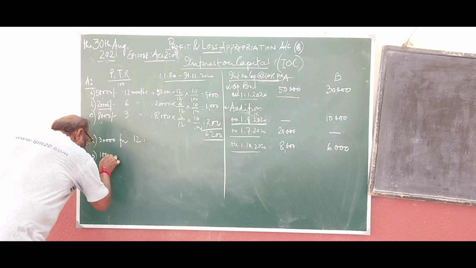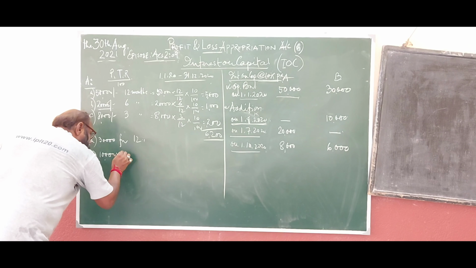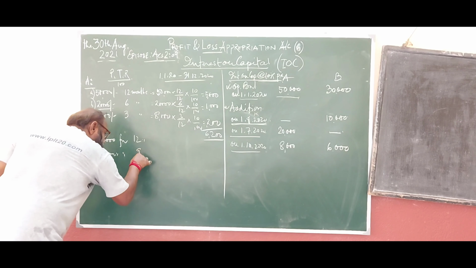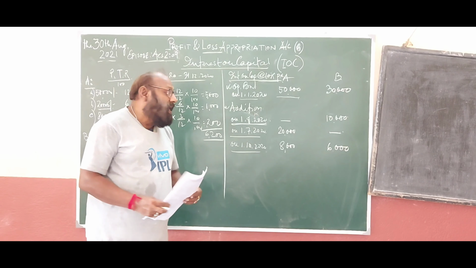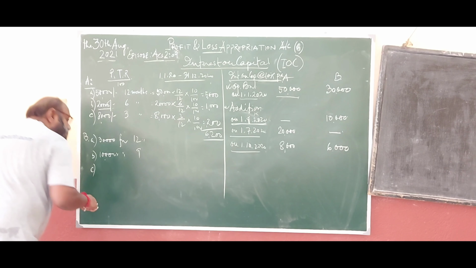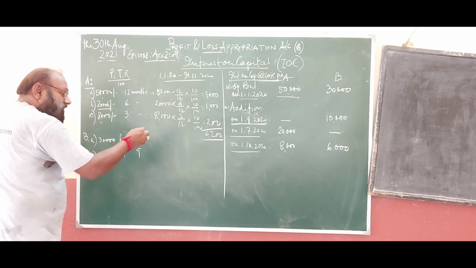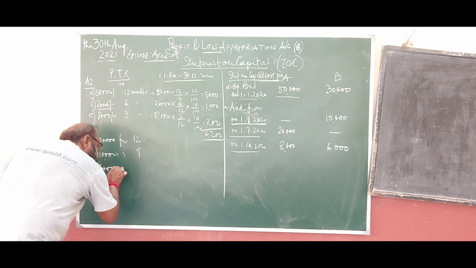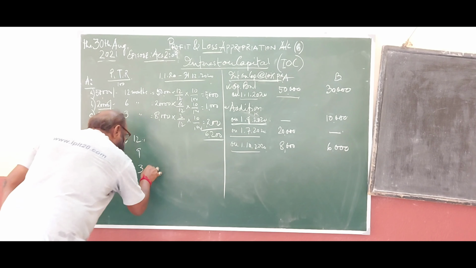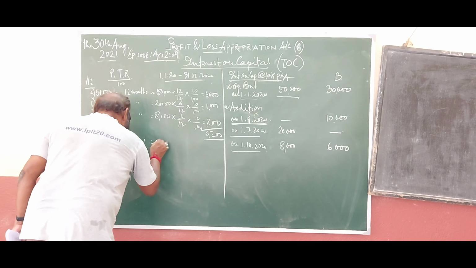So on 1/4/2020 for 9 months. Okay? Because the amount has been invested on the 1st of April, and this amount has worked in the organization for 9 months. And C part is how much? It is on 1/10, 6,000. So on 1/10, that is for 3 months. Okay. Now you calculate in the same way.